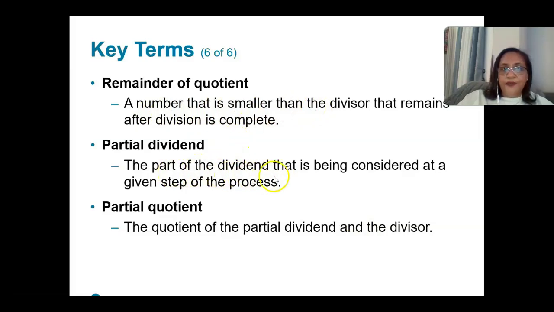Partial dividend, the part of the dividend that is being considered at a given step in the process, and the quotient of the partial dividend and the divisor. Luckily, most of the time you're not necessarily concerned with all the small parts. You just are really concentrating on the result.